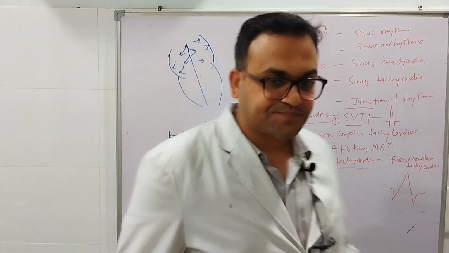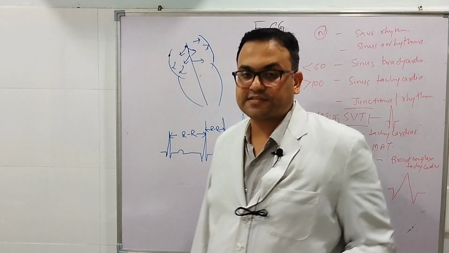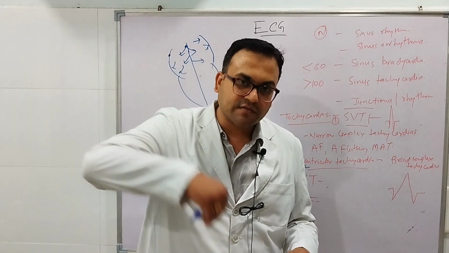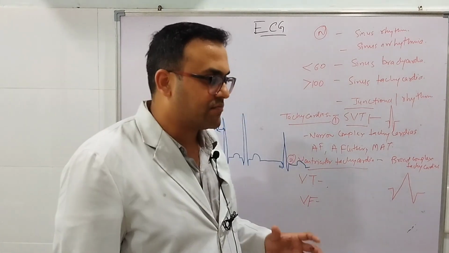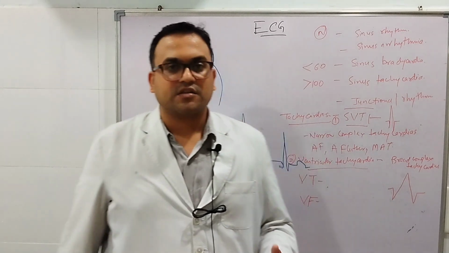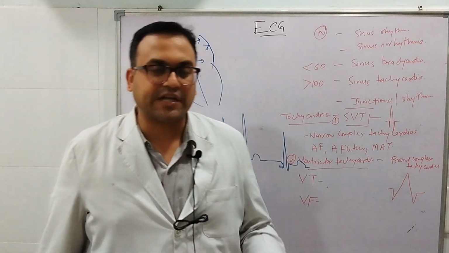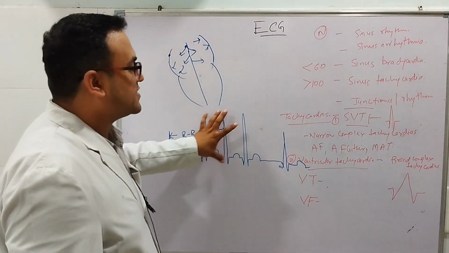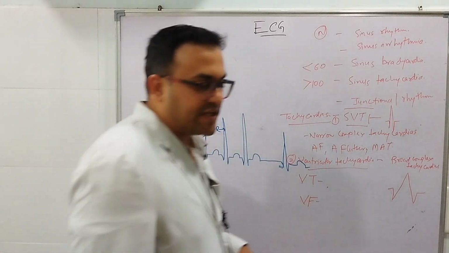Because in the ventricles, before they completely relax, another fire comes from the atrium, and then whatever blood it has or whatever muscles are able to contract, they contract, and that is why the height of the QRS complexes also varies in atrial fibrillation.